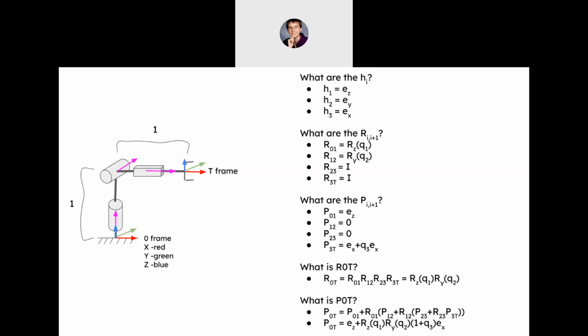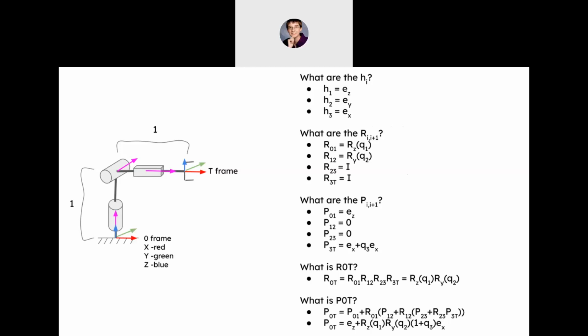Our second joint is also revolute, and we're rotating around the y-axis. And our third joint is prismatic, so it causes no rotation of the frames on either side. So that rotation is just identity. And because of the way we define these frames, that final rotation is also identity.